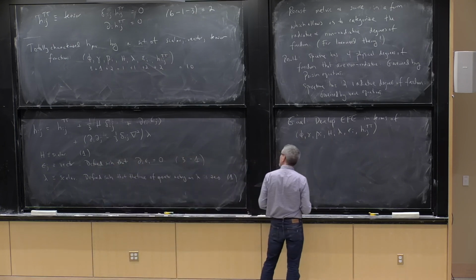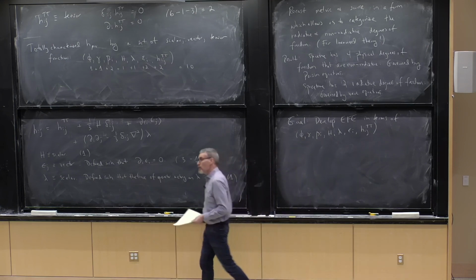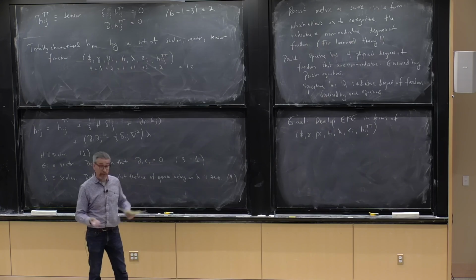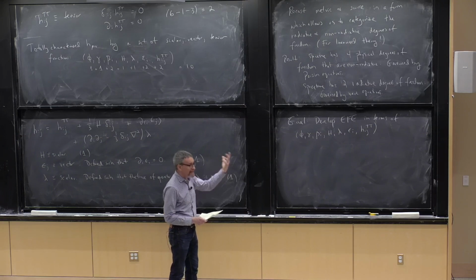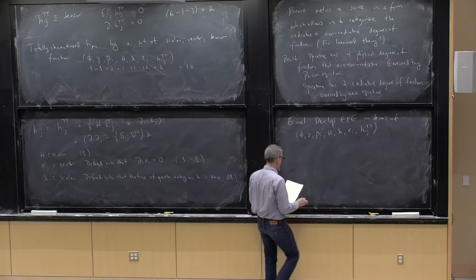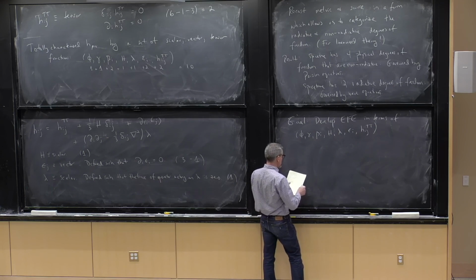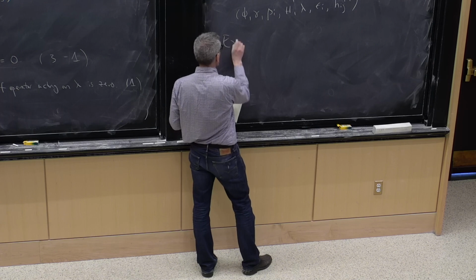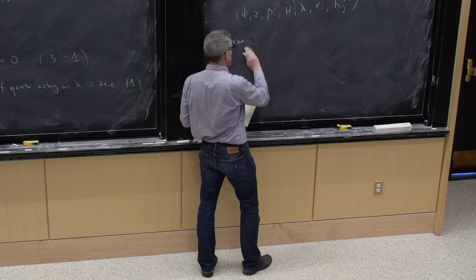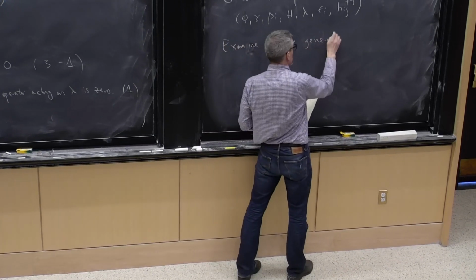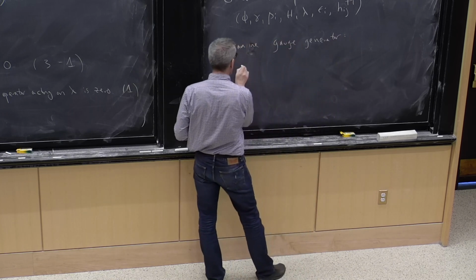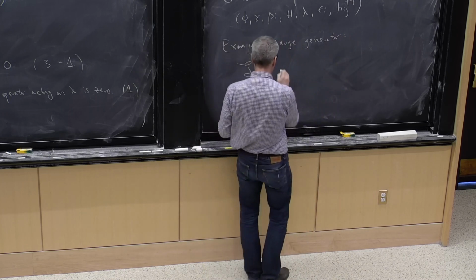Before I do this, we have to be a little bit careful. Okay? We have 10 functions here. We have 4 gauge degrees of freedom. And the whole point of this exercise is to try to understand how to deal with the fact that a gauge that is convenient for doing my calculation may leave me with a result that is confusing in terms of the physics I'm trying to understand. So what we're going to do is take my generator of a gauge transformation, C alpha.